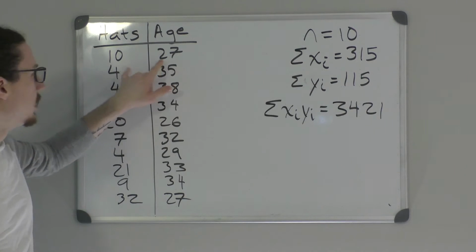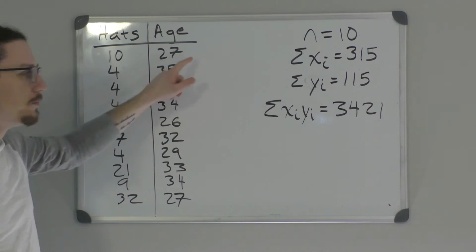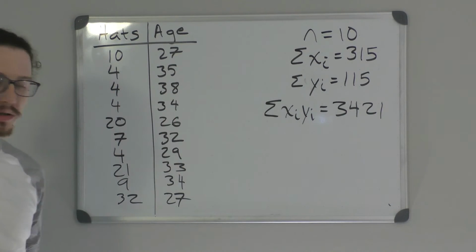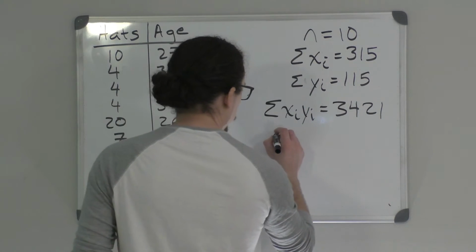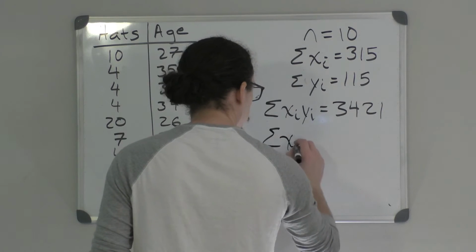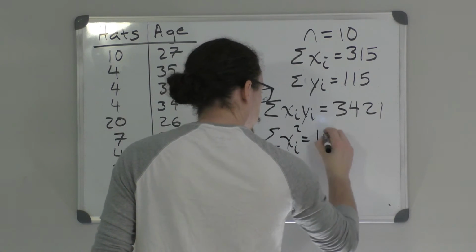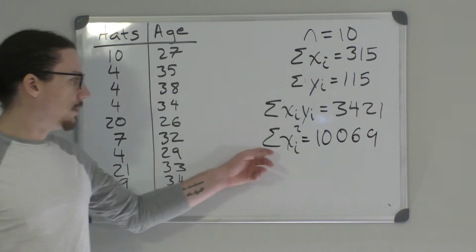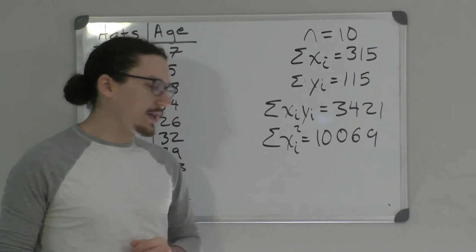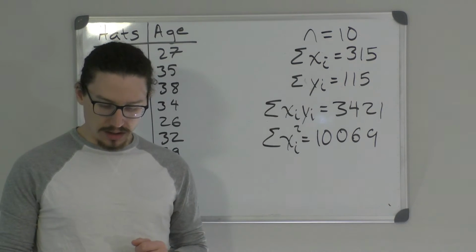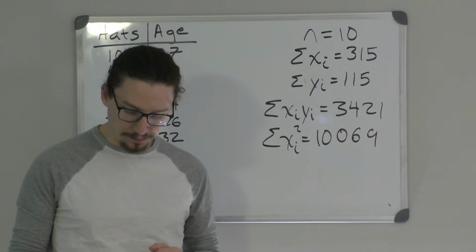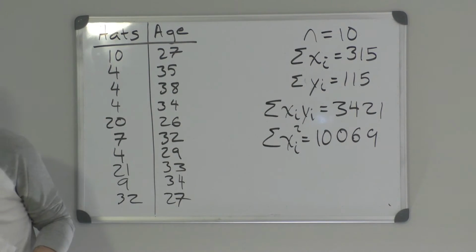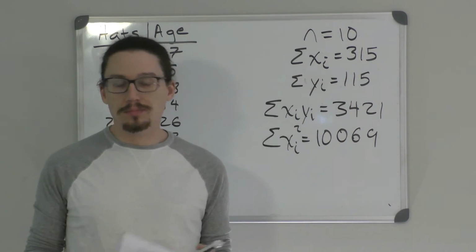So 10 times 27 plus 4 times 35 plus 4 times 38, and so on and so forth. And then the sum of xi squared is going to give us 10,069. All right, so now that we've got all of that information, we can go ahead and calculate our B1.